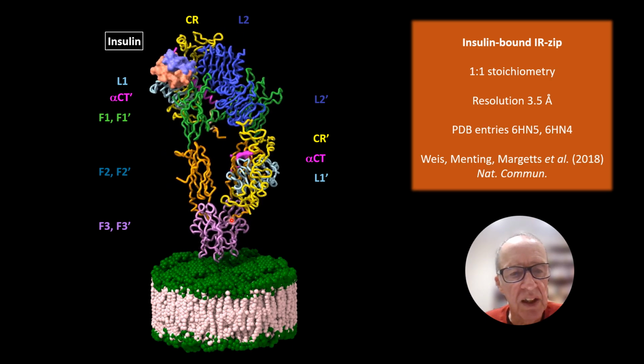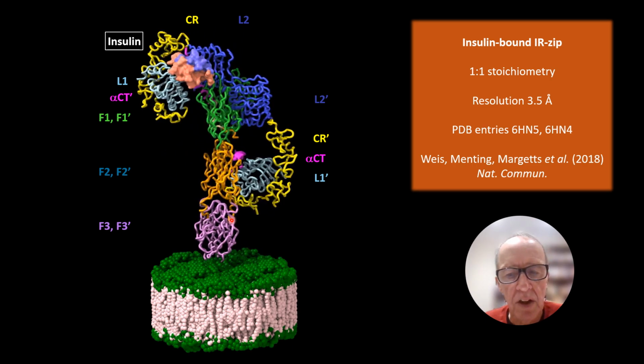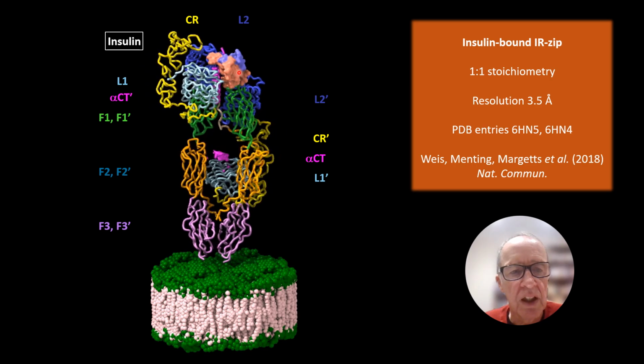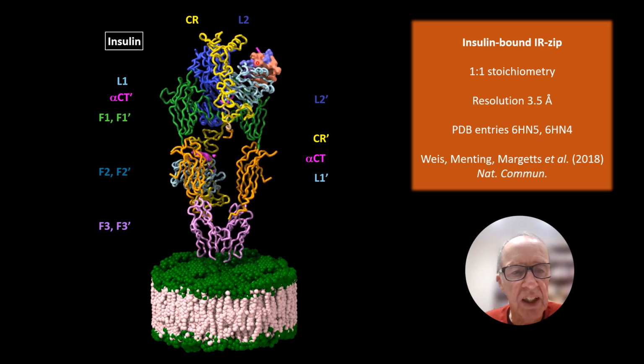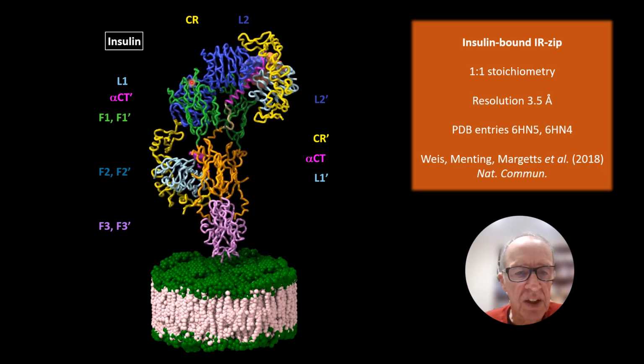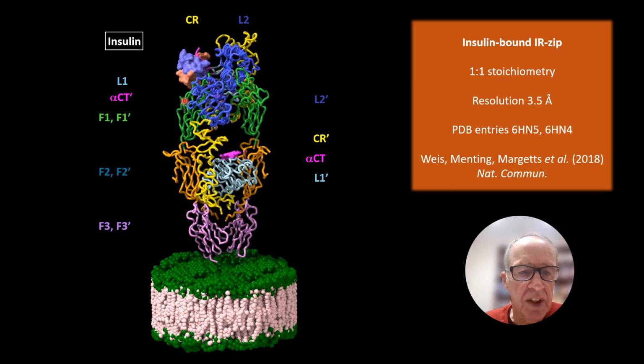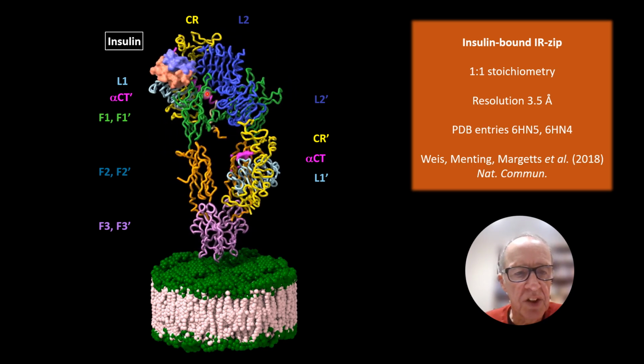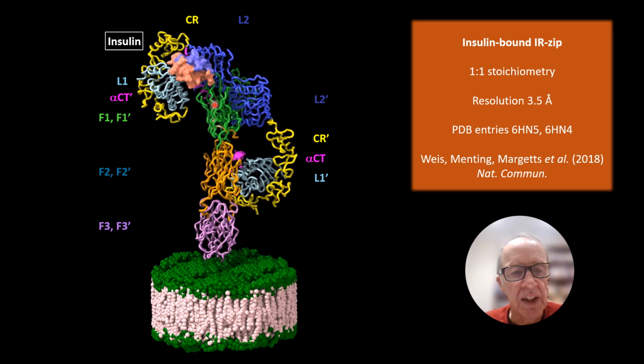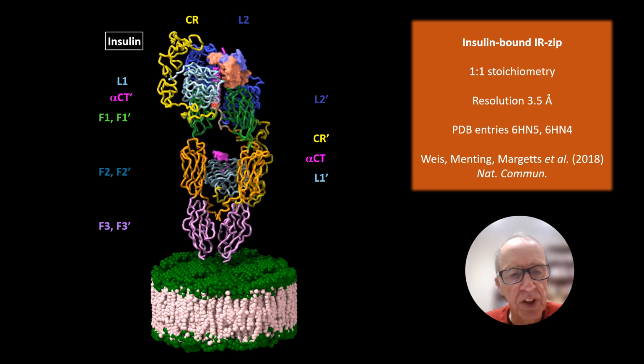Beyond that, the detail is very similar to that obtained in Bridget's laboratory. The insulin again engages with the adjacent FN3-1 domain, shown here in green. There is the extension of the alpha-C helix into a much longer conformation.